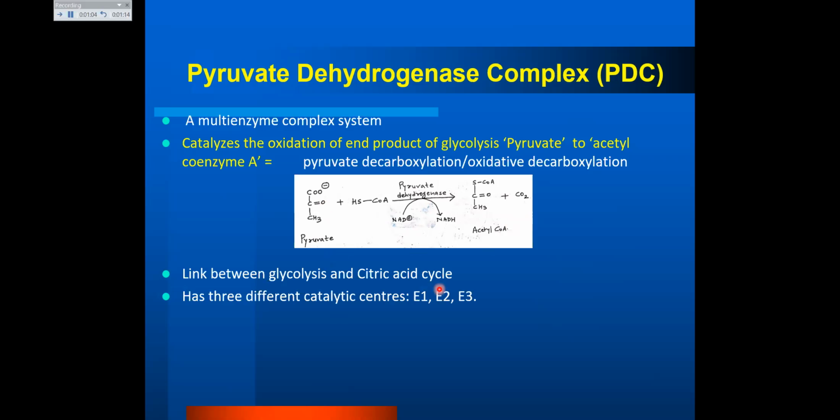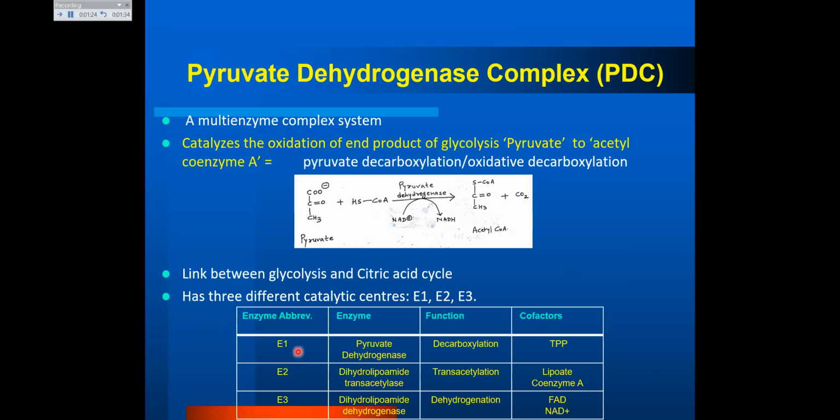Since most multi-enzyme complexes are composed of more than one enzyme, likewise this PDC also has three different catalytic centers. They are abbreviated as E1, E2 and E3.